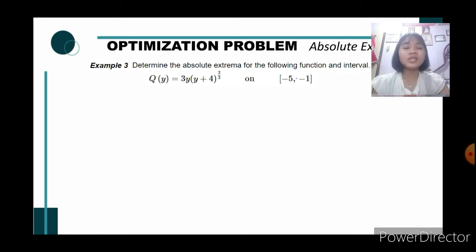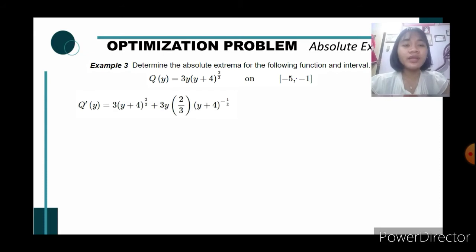First, we will need to get the derivative and make sure that you do the simplification that we did here to make the work for finding the critical points easier.